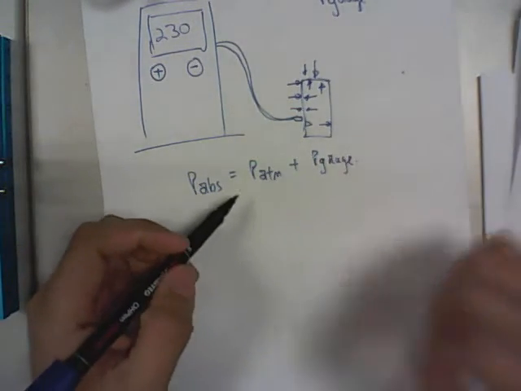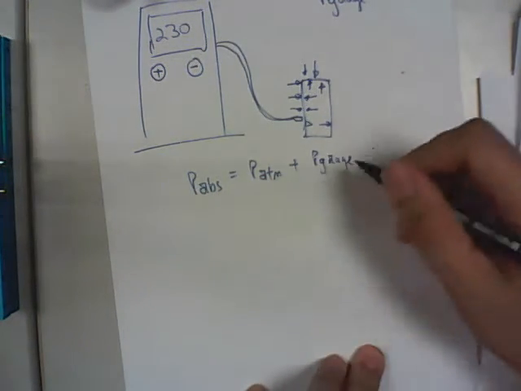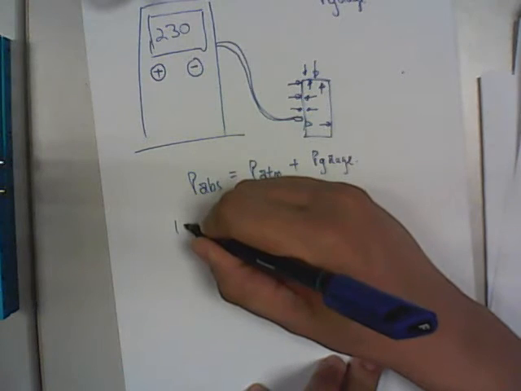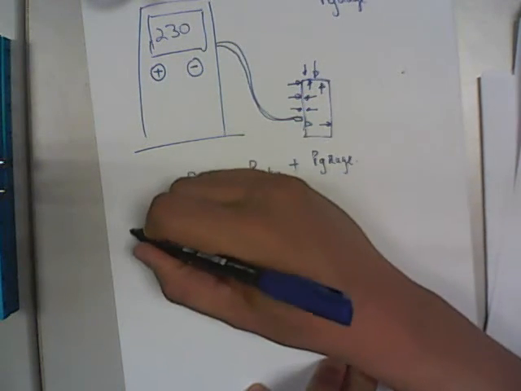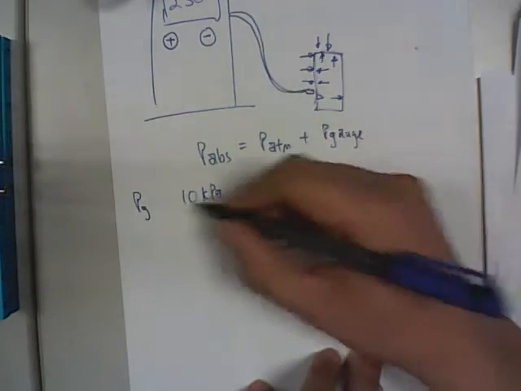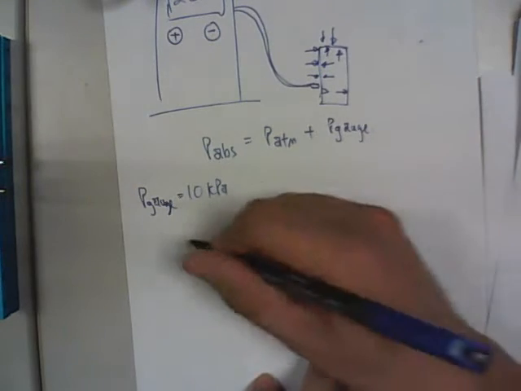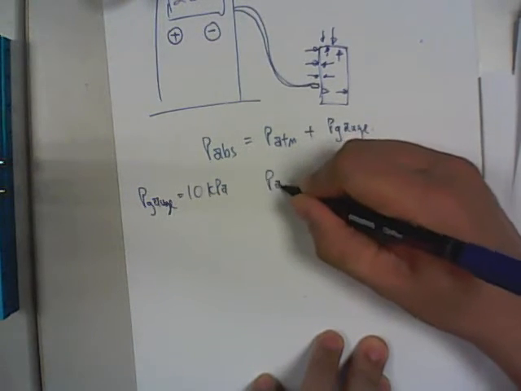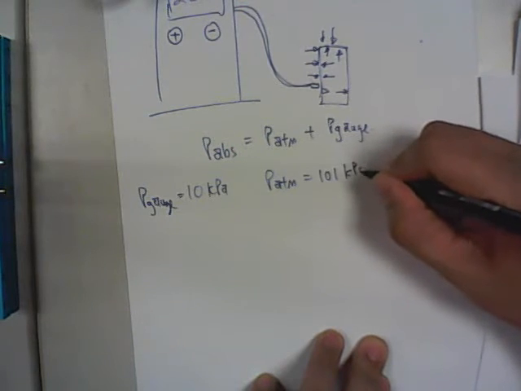Take for example, if I'm inflating 10 kilopascal into the tire, so my P gauge is equal to 10 kilopascal, and your atmospheric pressure is usually 101 kilopascal.